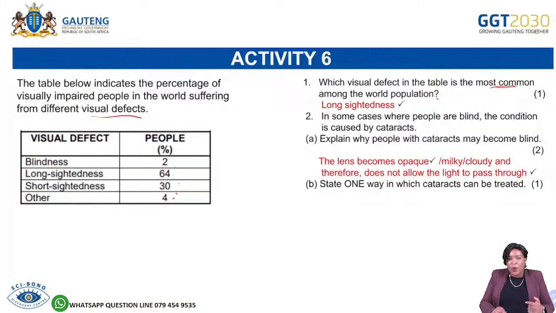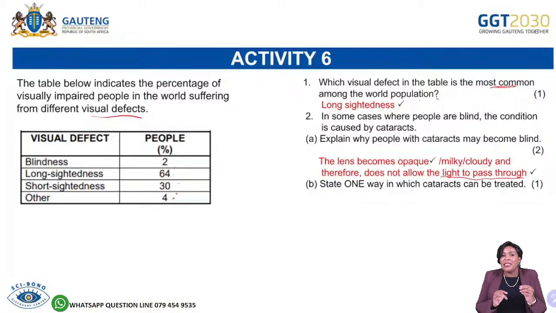This is the disease where the lens becomes opaque. Remember opaque, we spoke about this word earlier when we were talking about the sclera. So if the lens becomes opaque, it means it is cloudy or milky. Therefore, it does not allow light to pass through. Vedika told you about this, that you need the lens to be as transparent as possible for it to be able to perform its function to allow light to pass through.